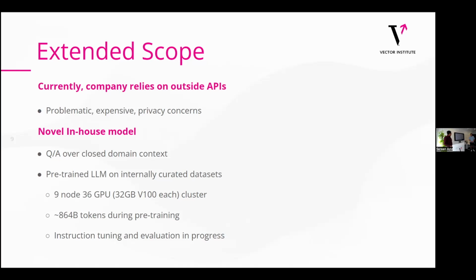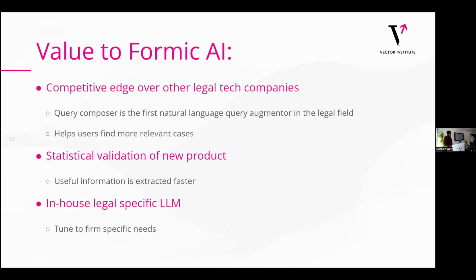And we have been training it for the last month and a bit on just under about 1 trillion tokens now. And at the moment, we're just doing some evaluation on some question answering tasks and doing some instruct fine-tuning. And we're hoping that we'll be able to eventually switch out the calls of APIs with our own internal models.